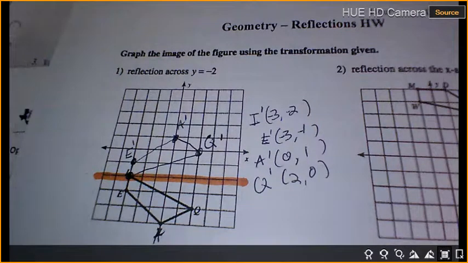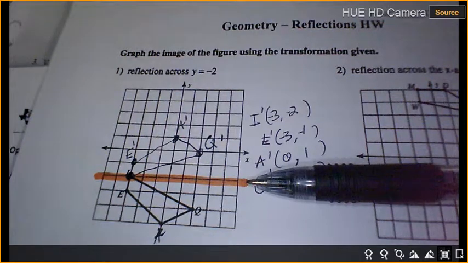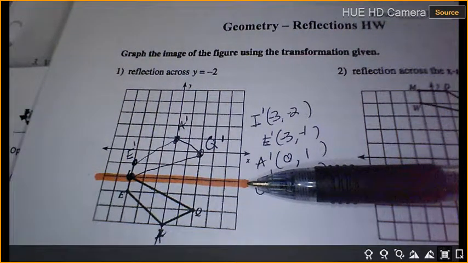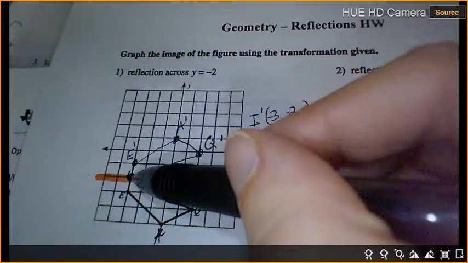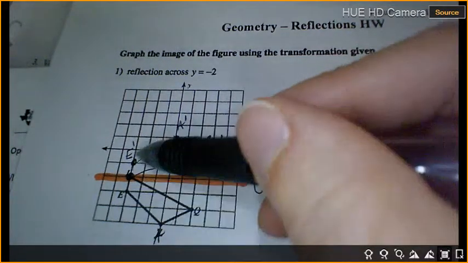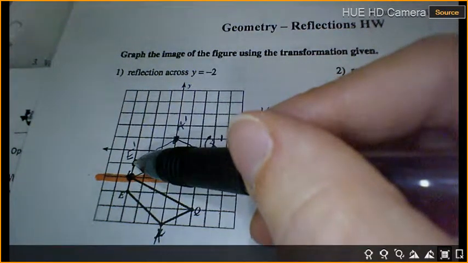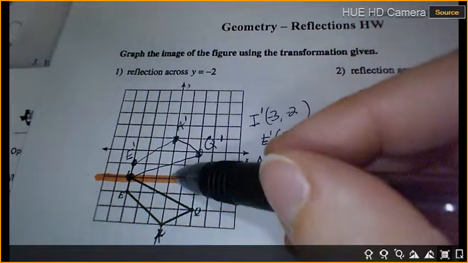All right. So this orange line right there is what I reflected over. So everything has to be the same distance from that orange line. I is on that orange line, so it doesn't move. E, see how it's 1 unit below? Now it has to be 1 unit above. A is 3 units below, so A now has to be 3 units above.